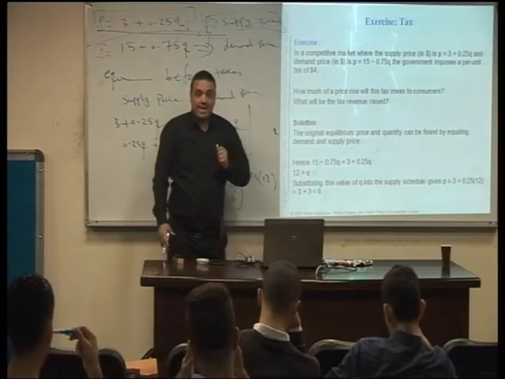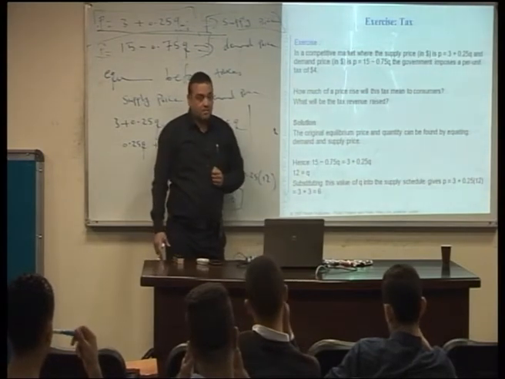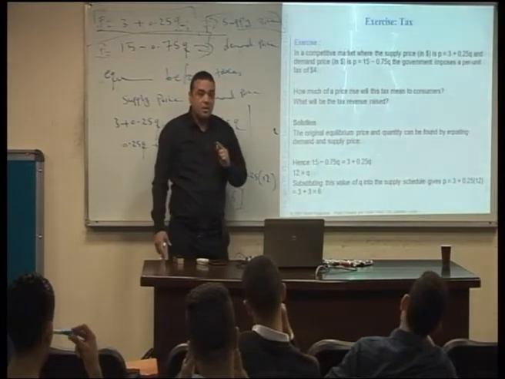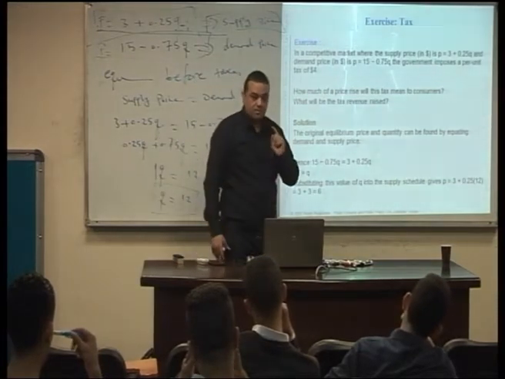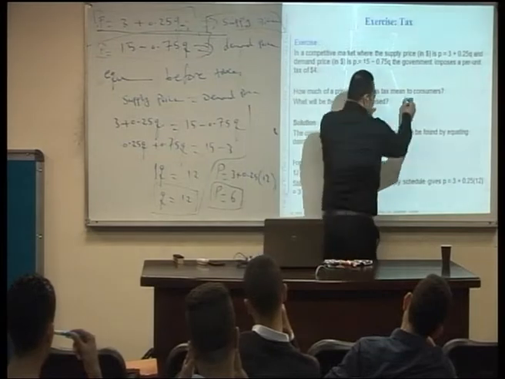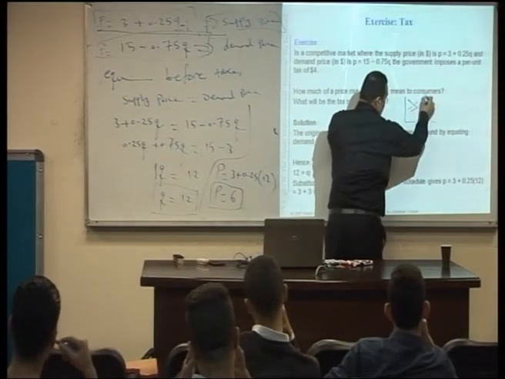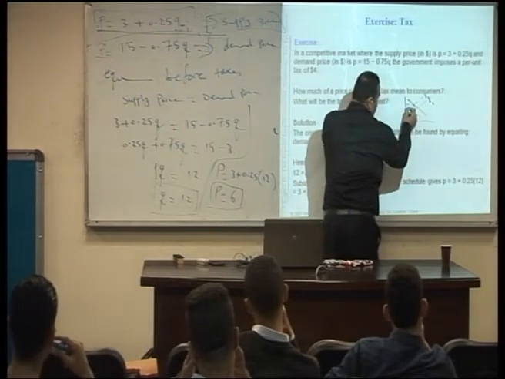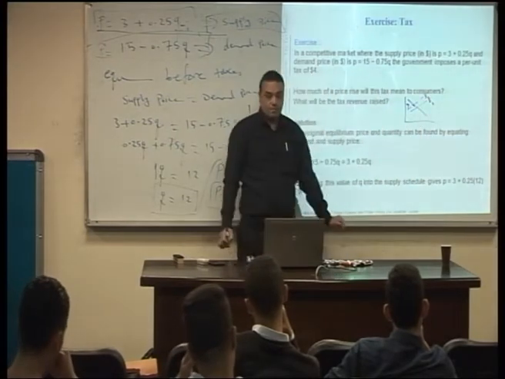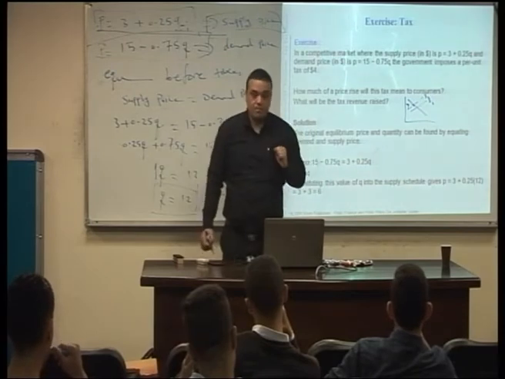Now, as the government imposes a per unit tax on the producer, supply shifts left from S1 to S2, so the price goes up, as we mentioned.